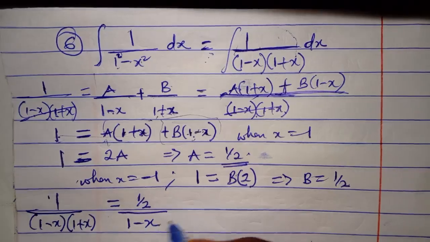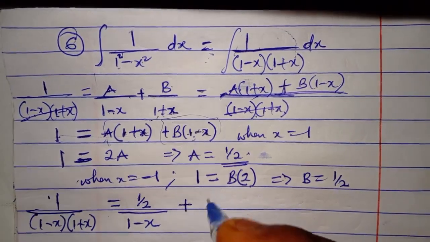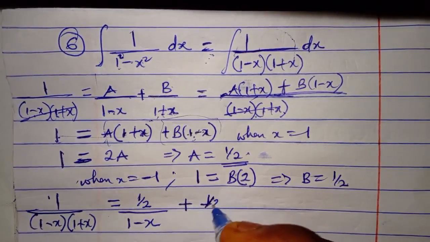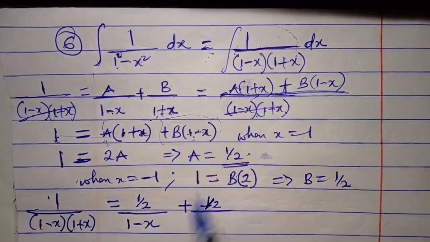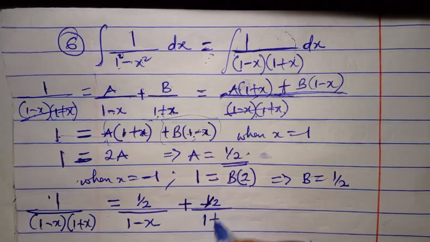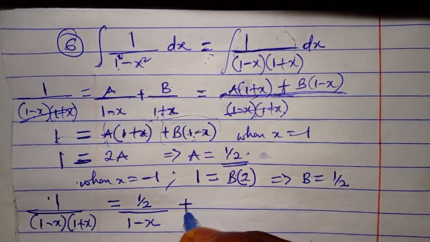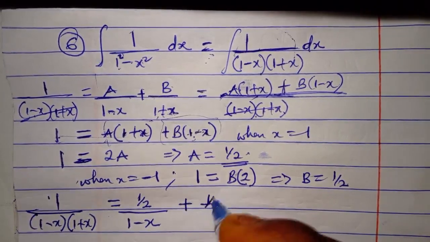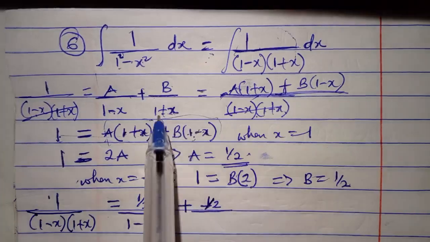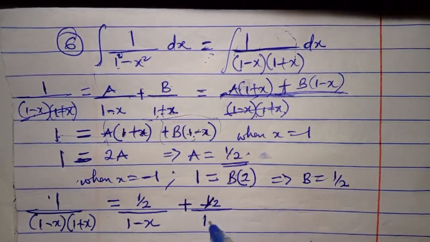B is still 1 over 2, 1 all over 2 divided by 1 plus x.